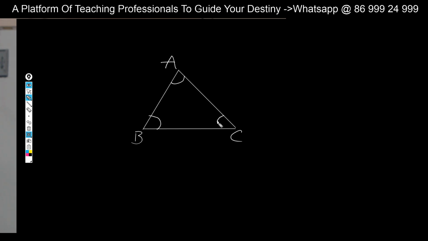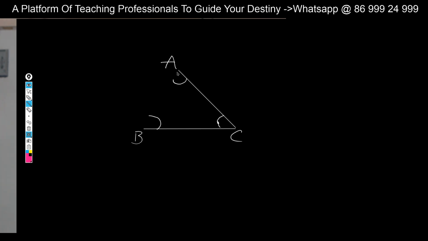Now what is an internal angular bisector? If this angle A, for example, is 60 degrees, then this line divides this angle 60 degrees into two equal parts.